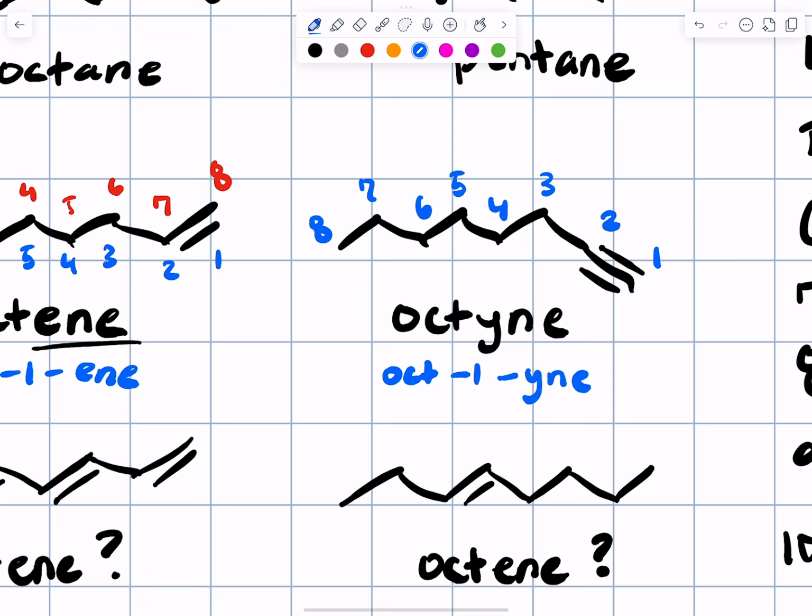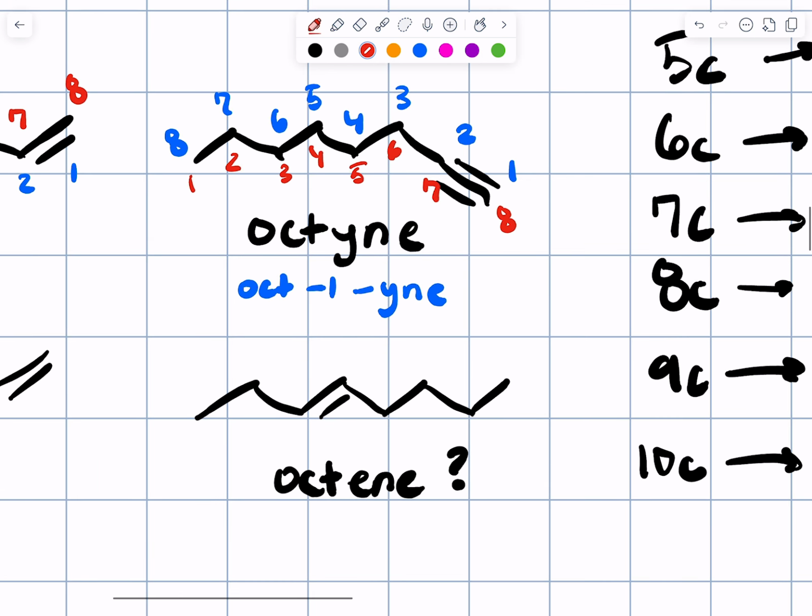Is it wrong to say oct-7-ine? So if I numbered it the other way, 1, 2, 3, 4, 5, 6, 7, 8. If I called that oct-7-ine, does that communicate what the molecule is?